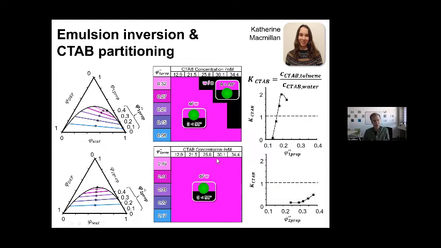That shows that because of the propanol, the 1-propanol, partitioning into the oil-rich phase, the toluene-rich phase, also the CTAB partitions into the oil-rich phase. And as a consequence, also the particles partition into the oil-rich phase. And that's part of the mechanism why these 1-propanol bijels are stabilized so efficiently.